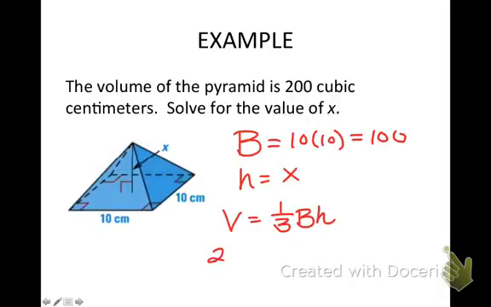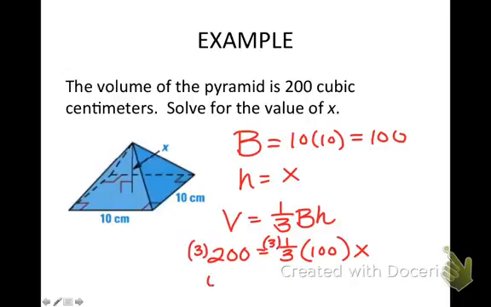200. What's going to go in place of B? 100. What's going to go in place of H? X. Mentally, is it easy to take 1/3 of 100? It's not going to work out nicely. What could I do to get rid of that fraction right away? Multiply by the reciprocal, which is 3.